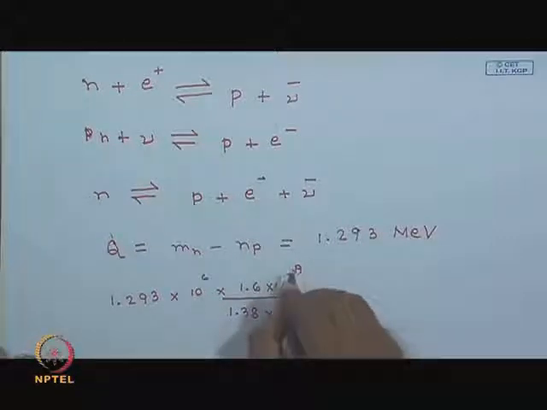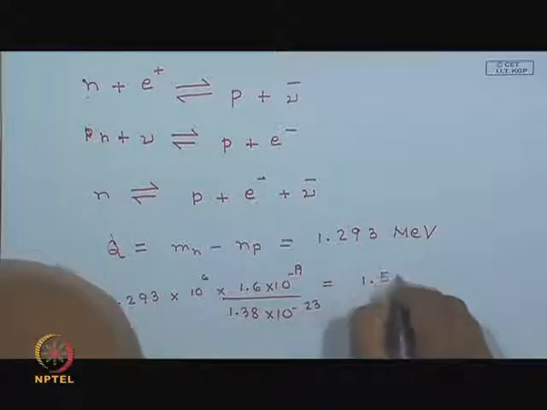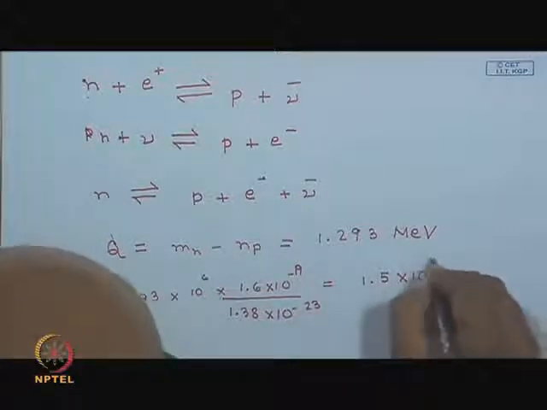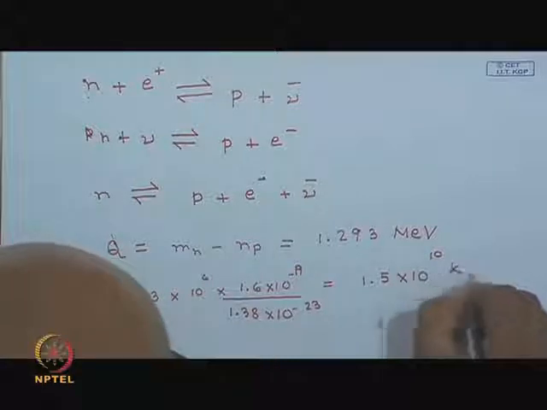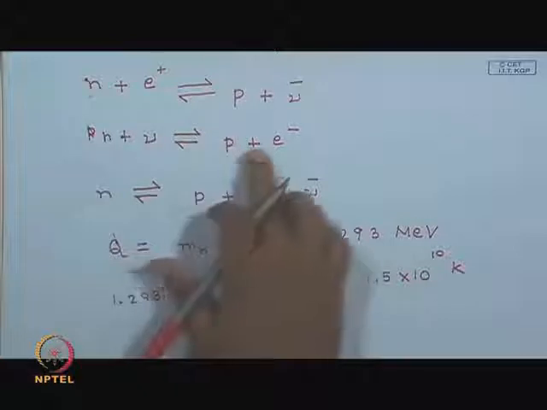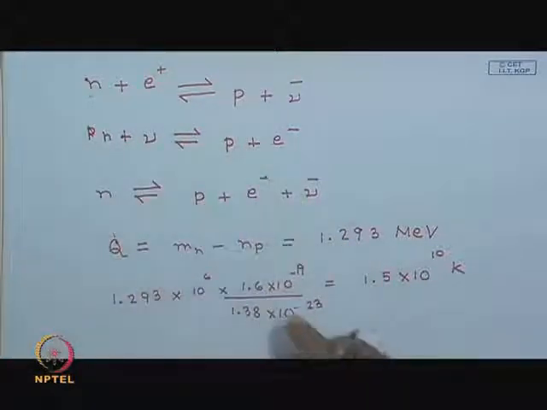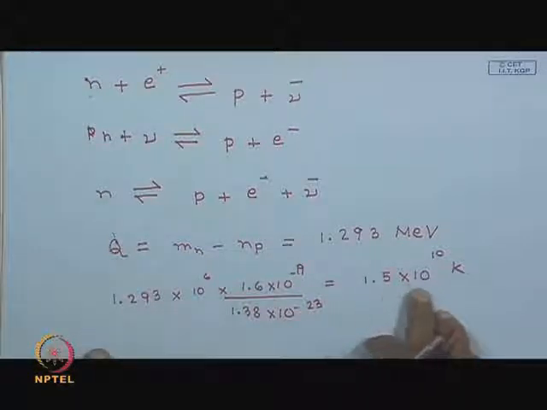It gives us the temperature scale, which is 1.5 times 10 to the power 10 Kelvin. So, the temperature corresponding to the mass difference between the proton and the neutron is of the order of 1.5 times 10 to the power 10, which is in the range that we are talking about.